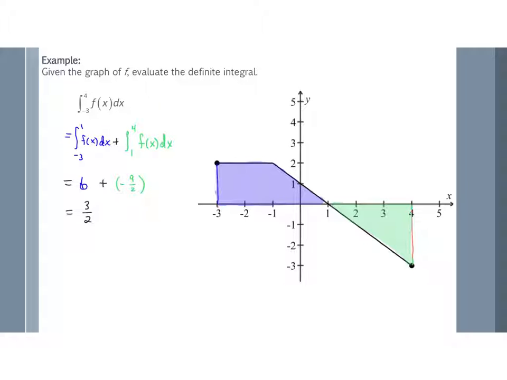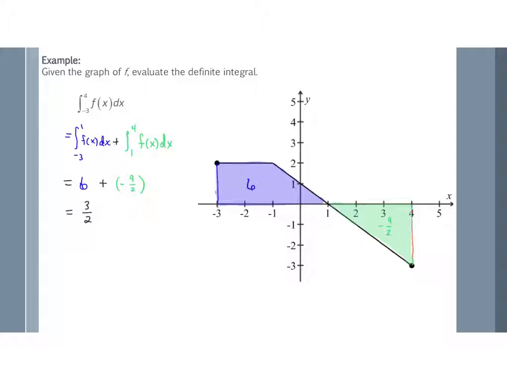Now, this 3/2 does not relate to an area of these two regions in the traditional sense. But if we think about signed area, then this region has an area of 6. This region has an area of 9/2, but since it's below the x-axis, the definite integral would be a negative value.